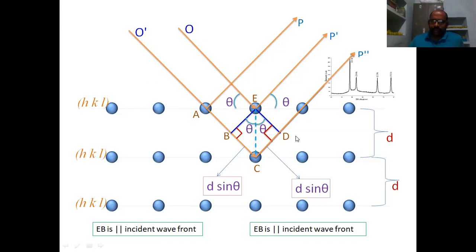That path difference is BC plus CD. It is the extra path traveled by the ray which falls on the second plane.